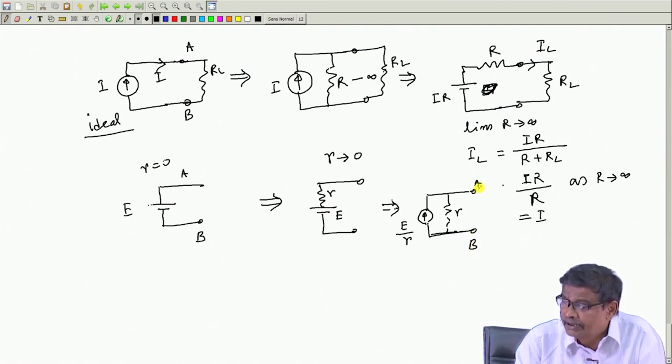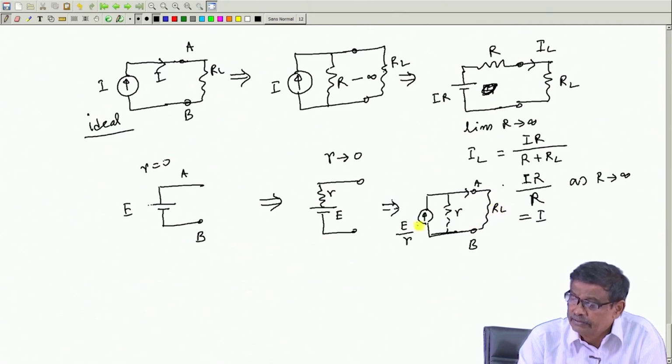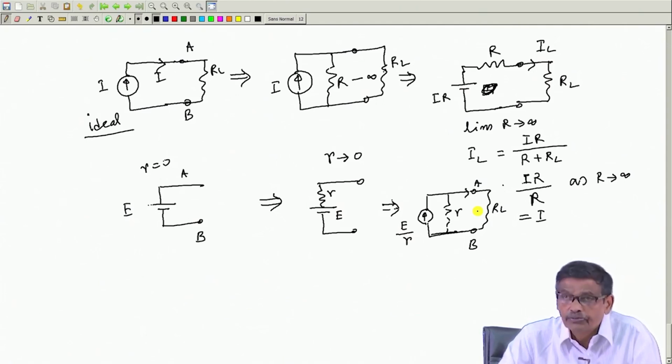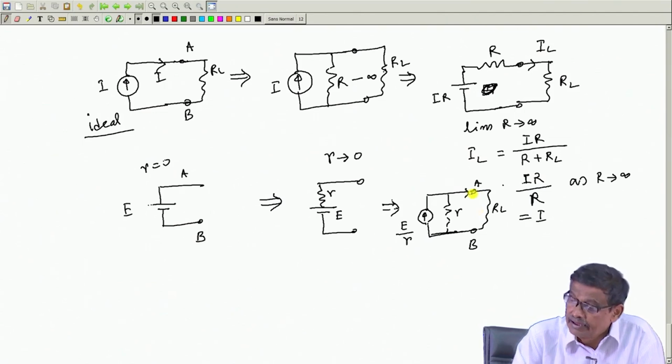Now, whatever you connect across A, B, solve this network to get the load current. Suppose RL is connected, solve this network. Then, when you find out this current, it will become a function of small r, whatever IL you will get. For example, this current I want to find out. So, IL will be, in this case it is so simple, this current is E by R, total current.